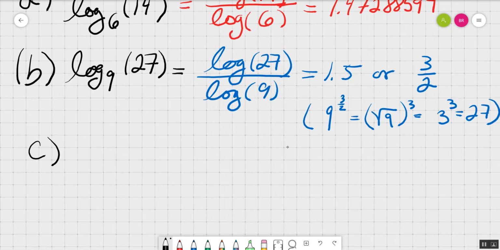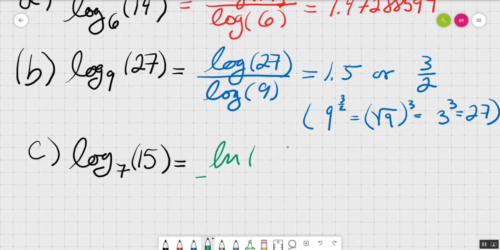I don't know. Let's do the log base 7 of 15. For fun, let's do this one with natural logs, for no reason other than because we can. So natural log, remember base goes on the bottom, so 7 on the bottom, 15 on top. Plug that into your calculator like I am right now. Natural log of 15.